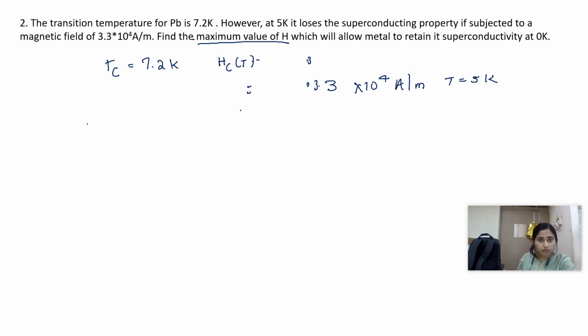Now what do you have to calculate? You have to calculate the H0 value, in ampere per meter, at T equal to 0 Kelvin.